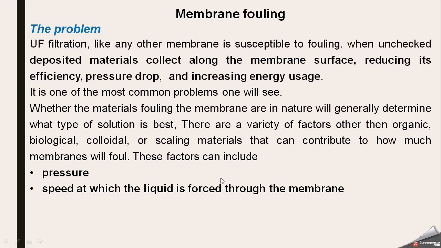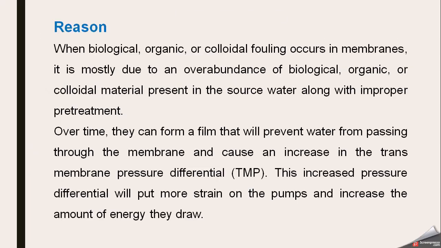When we apply high pressure, more liquid will be forced to move across the membrane, and this will lead to more impurities depositing on the membrane surface. So other than material, the pressure and speed of the liquid, or you can say the filtration speed, also plays an important role in membrane fouling.